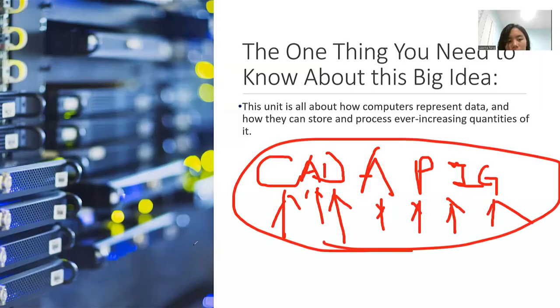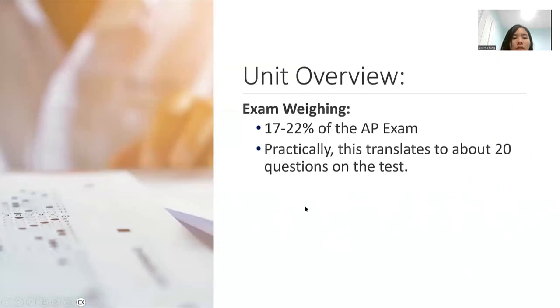You need to remember them. This Unit 2 makes up about 22%, about 1/5 of the total AP exam. So that would be about 20 problems.